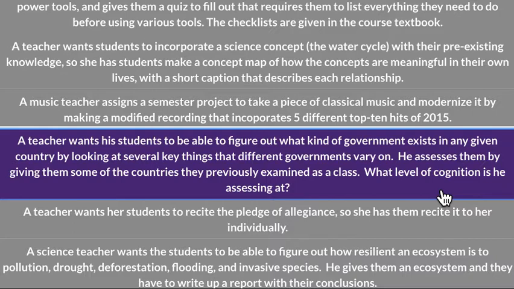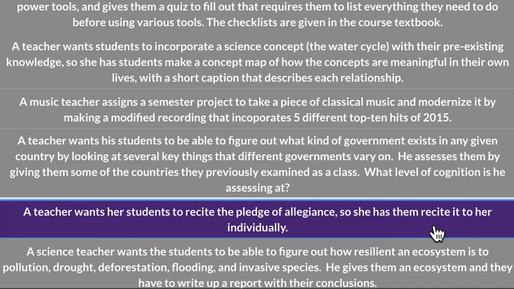But that's not how he assesses. He assesses by doing something they already went over in class. And at best, that gives him evidence that students remember what they did in class. Oh, we said that America was a democracy, kind of. America was a democracy, and so I don't need to figure it out. I already was told that, and so I can just remember it. And so this is a recall task.